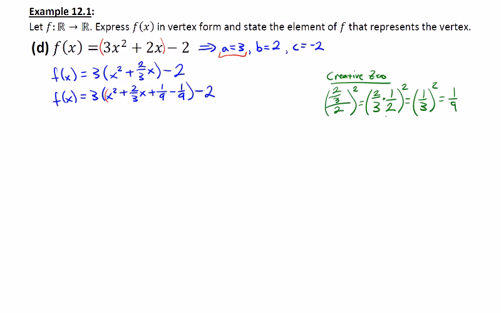Let's go ahead and group together the first 3 terms in the parenthesis, and believe it or not, it does form a perfect square trinomial. The factoring is going to end up being x plus 1/3 squared, and then I still have the minus 1/9, close the parenthesis, and bring down the -2.